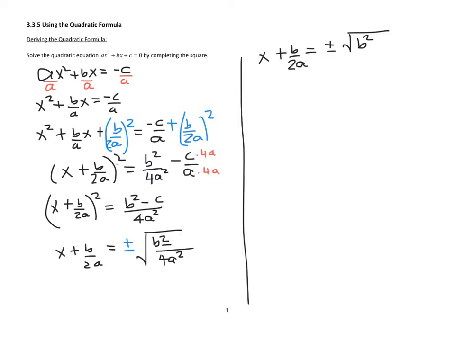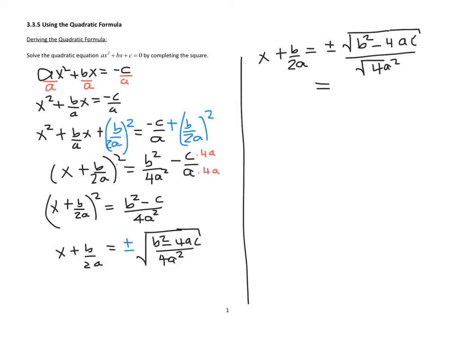This is 4ac from the previous step up there. So this is b squared minus 4ac, and this is divided by the square root of 4a squared.